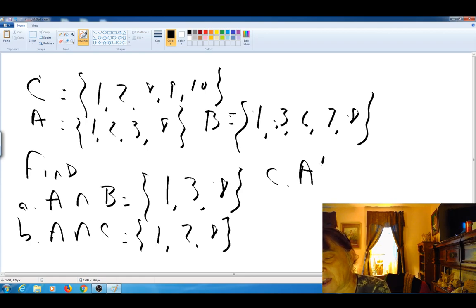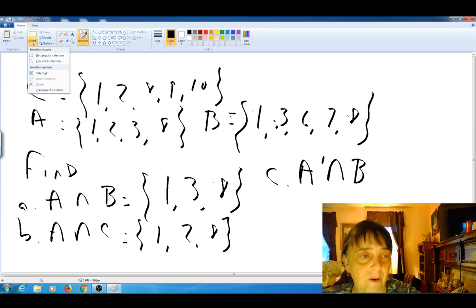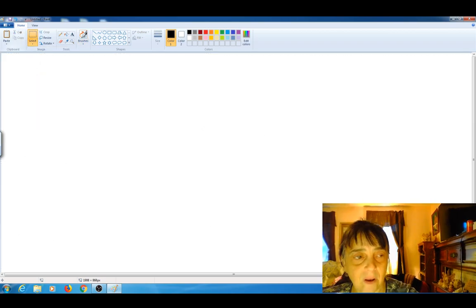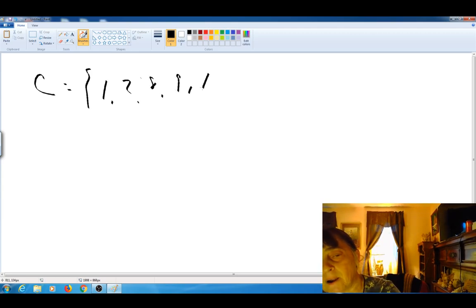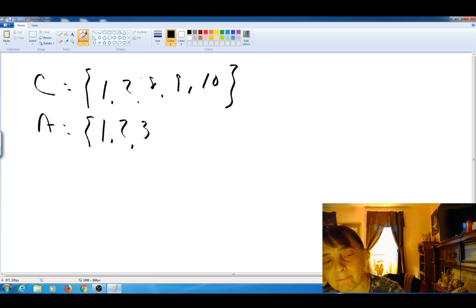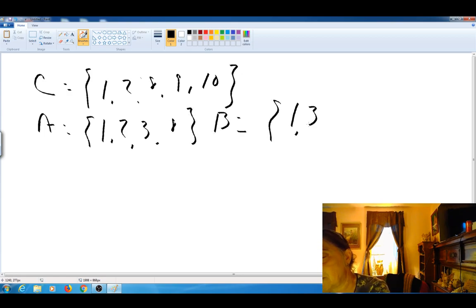Now, A prime intersect B is what? So C was 1, 2, 8, 9, 10. A has 1, 2, 3, 8. B has 1, 3, 6, 7, 8. And of course U is 1 through 10.